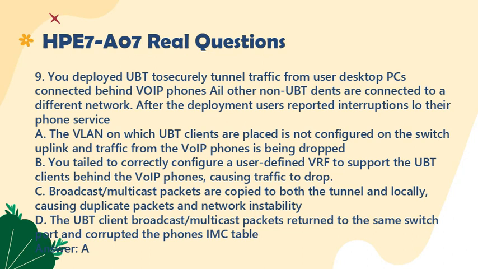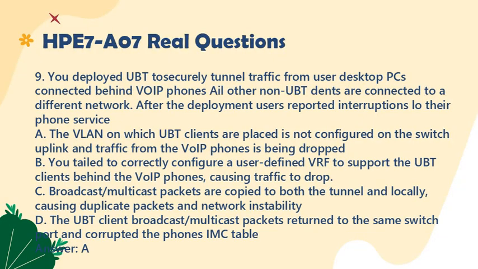A. The VLAN on which UBT clients are placed is not configured on the switch uplink and traffic from the VoIP phones is being dropped. B. You failed to correctly configure a user-defined VRF to support the UBT clients behind the VoIP phones, causing traffic to drop.